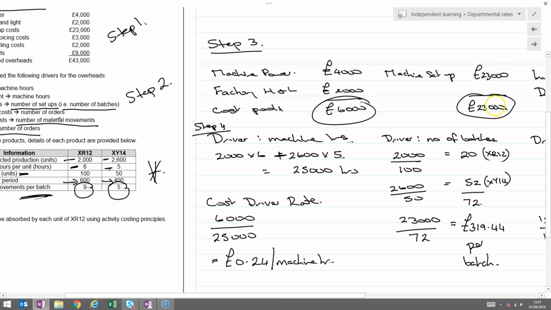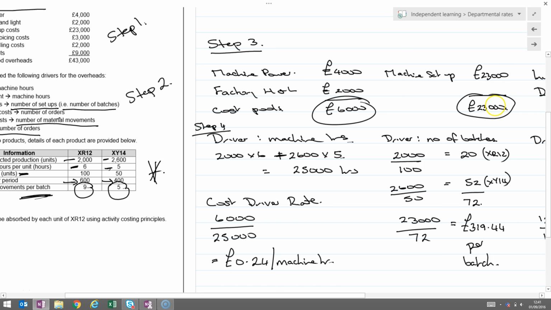So back to our table, 2000 XR12, each of them takes 6 machine hours. So it's 2000 times 6. That works out to £2,880. Okay, so 2000 times 6, 12,000 machine hours, 24p a machine hour.